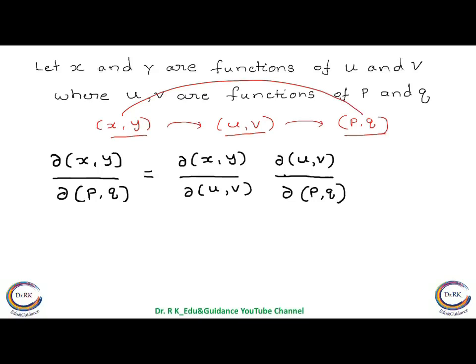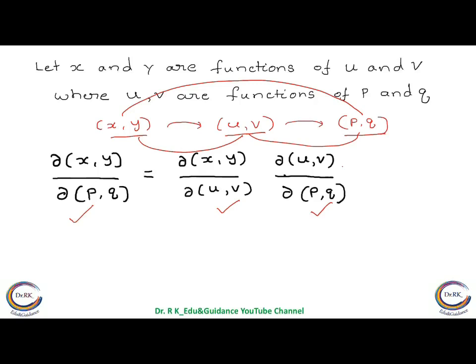That is nothing but the Jacobian of x, y with respect to u, v, times the Jacobian of u, v with respect to p, q. Actually this can be simplified and proved, but the question asked is only the discussion related to the chain rule of Jacobians.